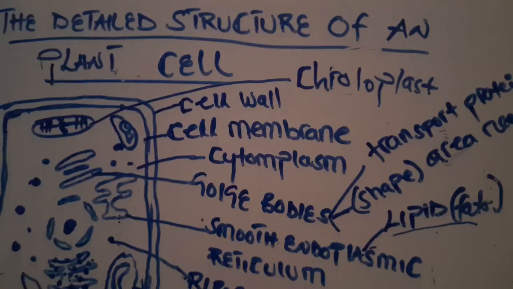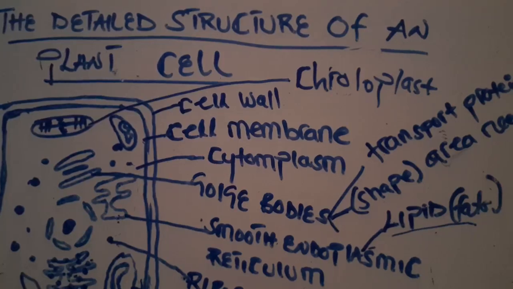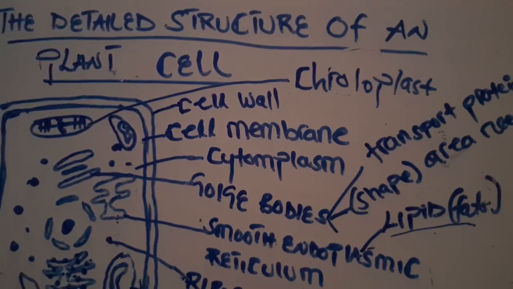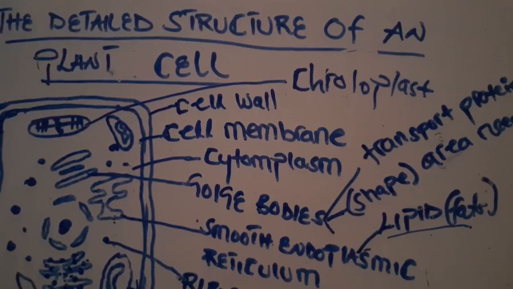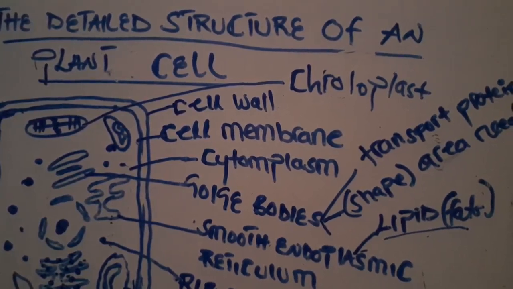So the function of the chloroplast is that it contains chlorophyll, which is a green pigment, and this green pigment traps light. Light is usable during the process of photosynthesis, where light is used as a catalyst. A catalyst is something that speeds up a chemical reaction.